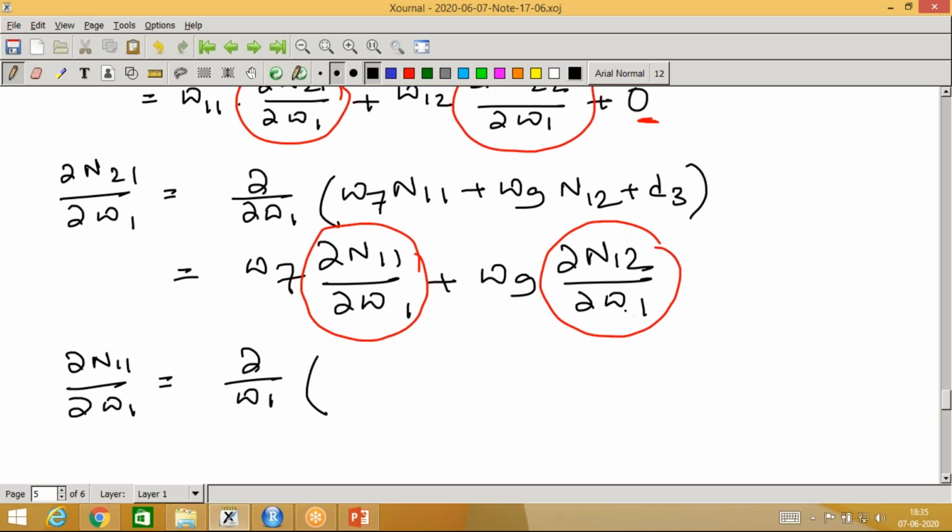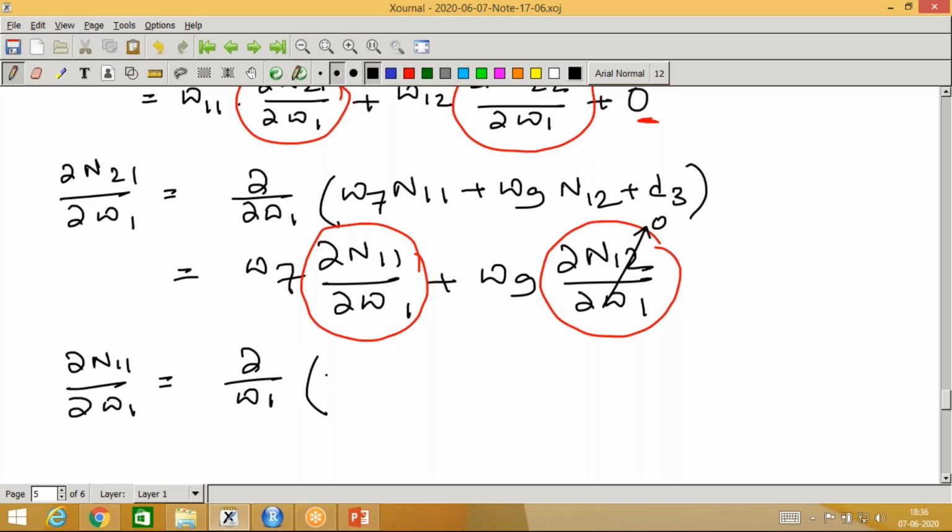Basically, for N12, there is no W1, so this will be 0. W1 does not impact N12. W4, 5, 6 affect N12. Just check the formula of N12. There is no W1. W4, W5, and W6 are there.